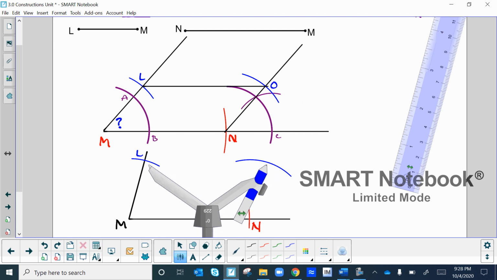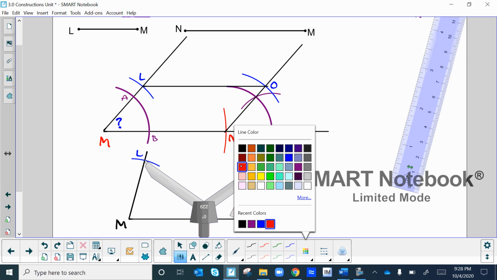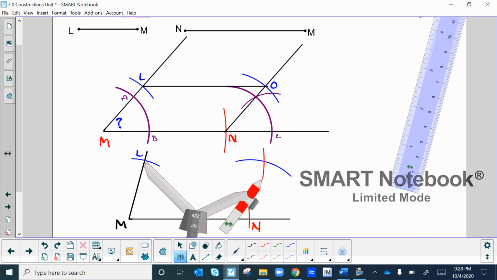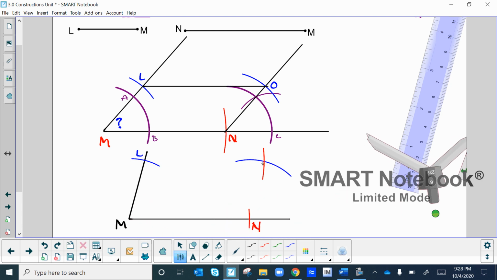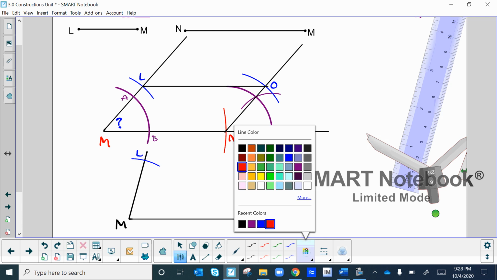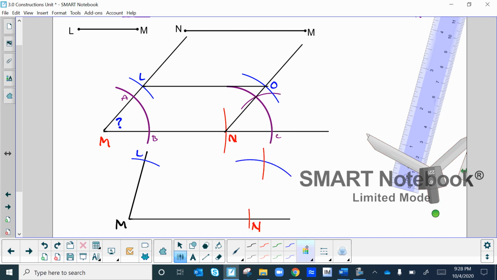So guess what? Now I'm going to place it at L and get my red so it matches, and make an arc there. Because remember, that's the same thing that I did here. Made that same arc. Do you see that intersection point right there? That's going to be point O because opposite sides are congruent.